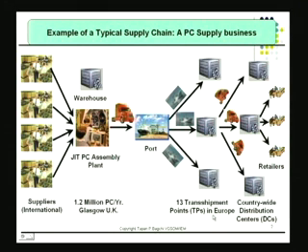Here we probably sort out the orders and we try to make sure that the final destination receives whatever they have ordered. Then of course we move them out to retail shops, and that's a countrywide distribution network. And from there retailers pick up their material and they supply to the final consumer. This is a full supply chain for a PC supply business.